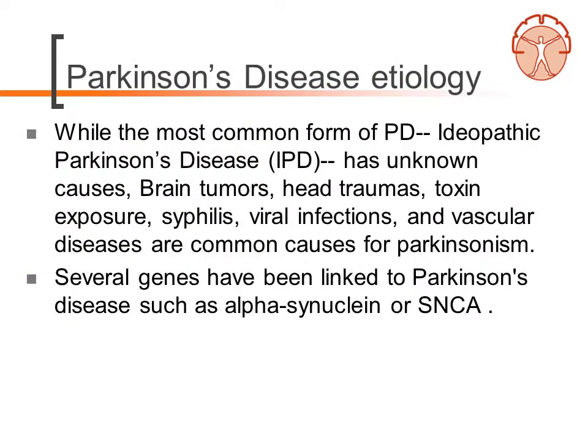While the most common form of PD, IPD, or idiopathic Parkinson's disease, has unknown causes, brain tumors, head traumas, toxin exposures, syphilis, viral infections, and vascular diseases are common causes for Parkinsonism. Several genes have been linked to Parkinson's disease, such as alpha-synuclein.